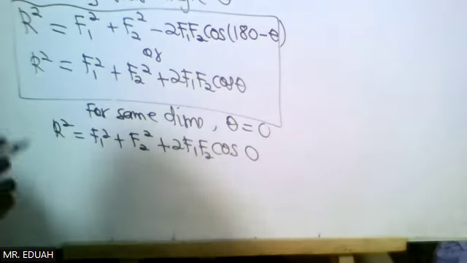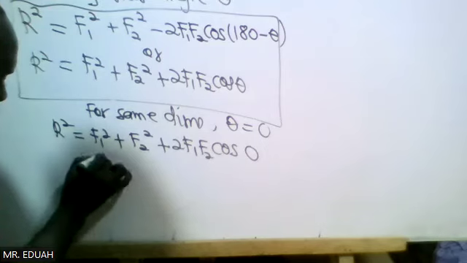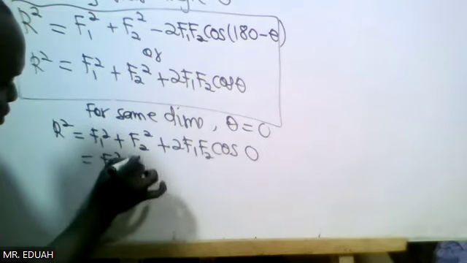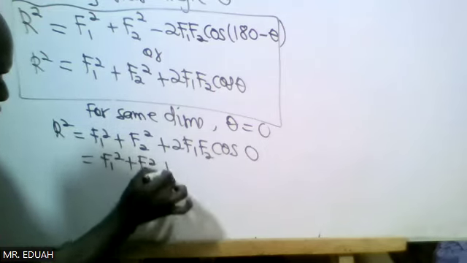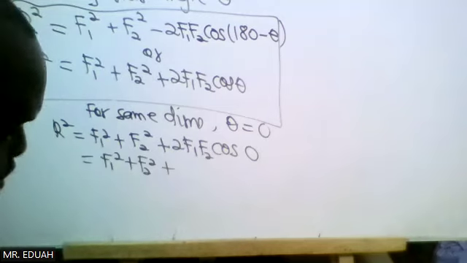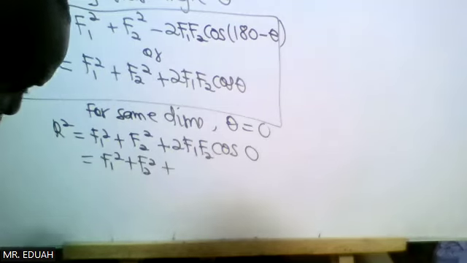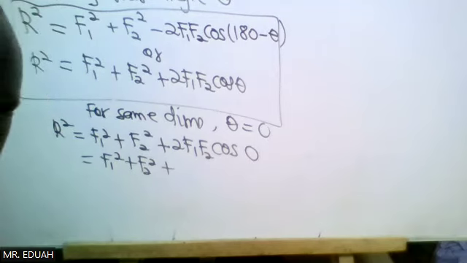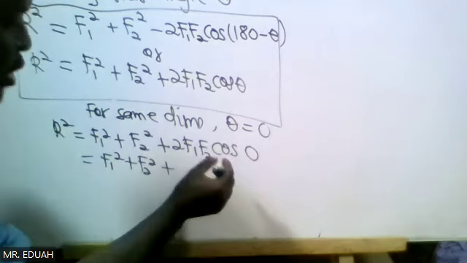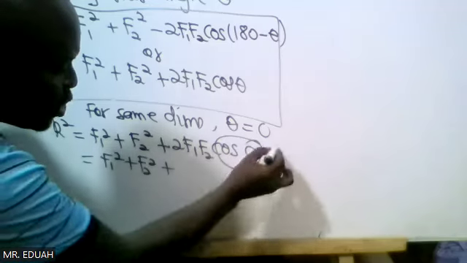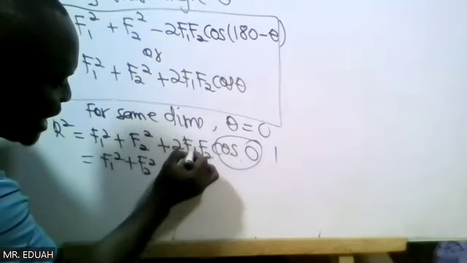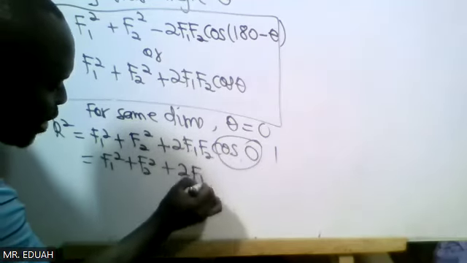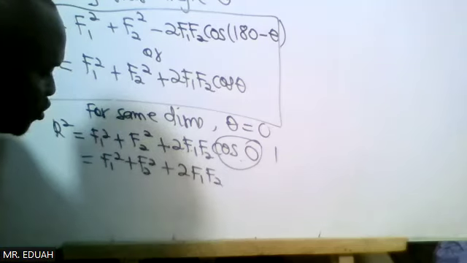This is what you have to get. What is cos 0? It's 1. So if cos 0 is equal to 1, then you have 1 times 2 F1 F2.